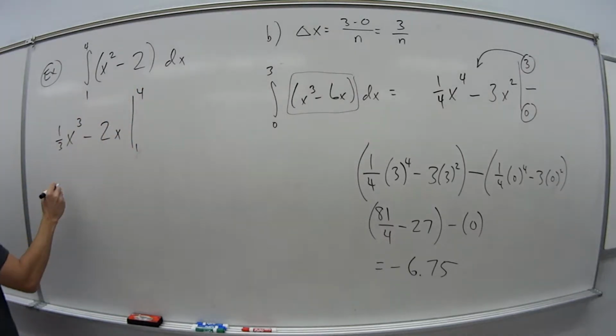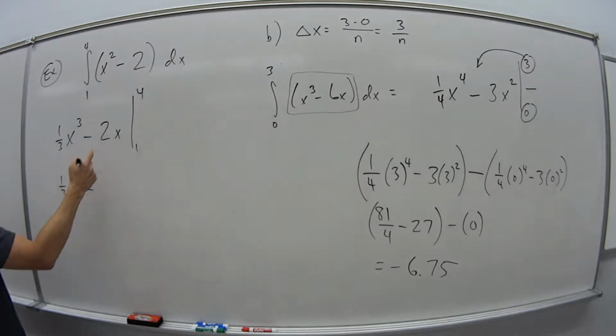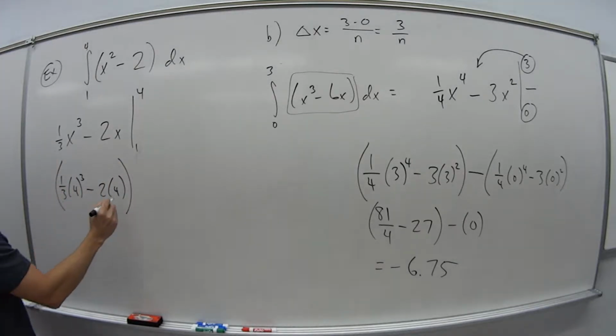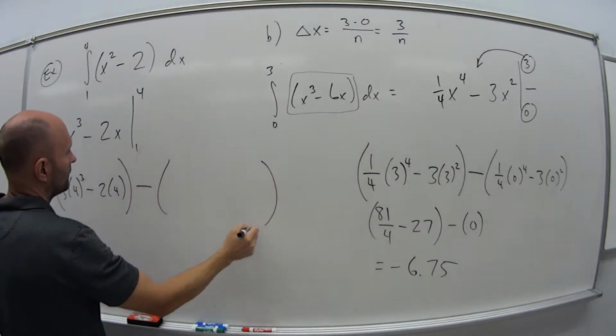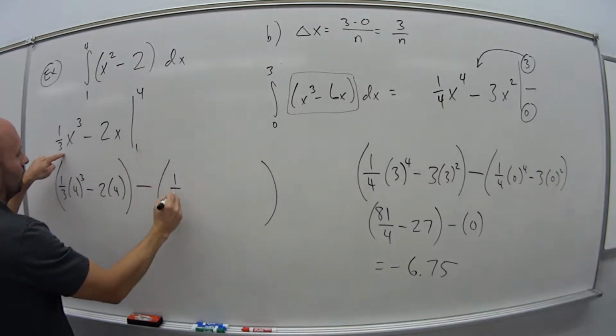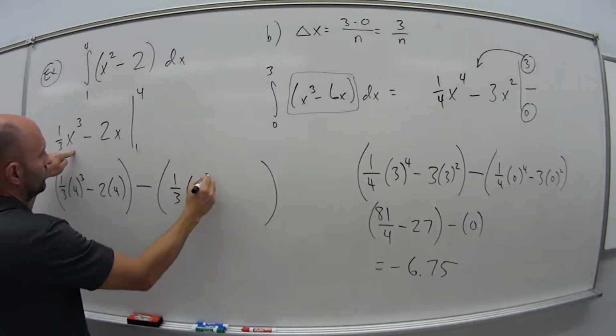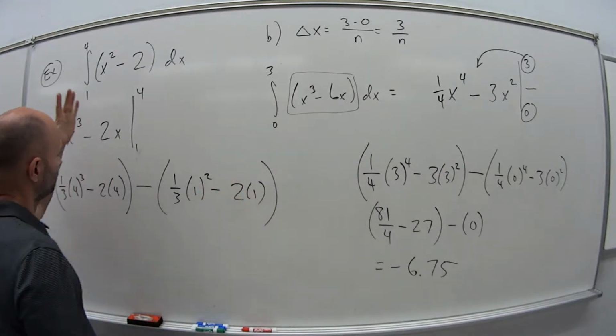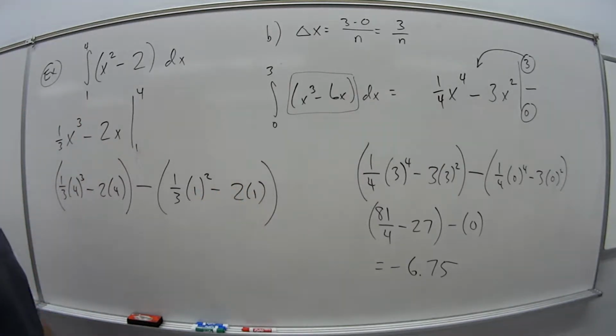So plug in 4, so 1/3 times 4 to the 3rd power, minus 2 times 4, and it's this whole thing minus when I plug in 1. So 1/3 times 1 cubed minus 2 times 1, and then you calculate that, and that's your answer.